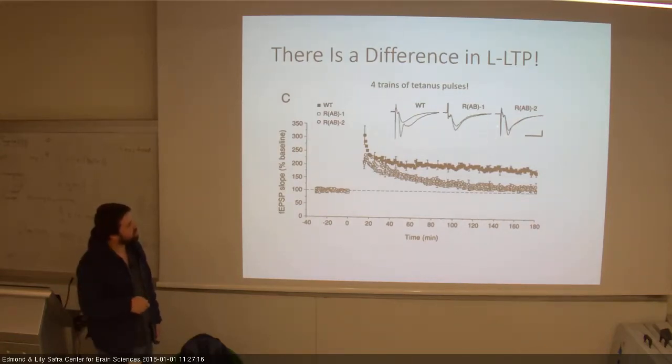But you can actually see that the baseline activation of the RAB2, for example, is much stronger. The activation of the Schaffer collateral on the postsynaptic neurons in the RAB is actually stronger at baseline than in the wild type.